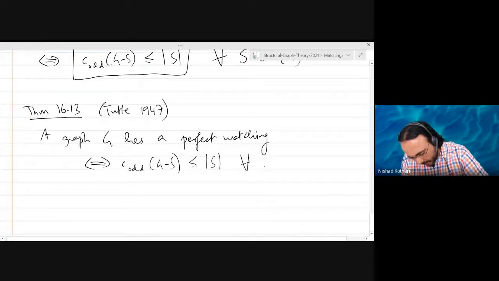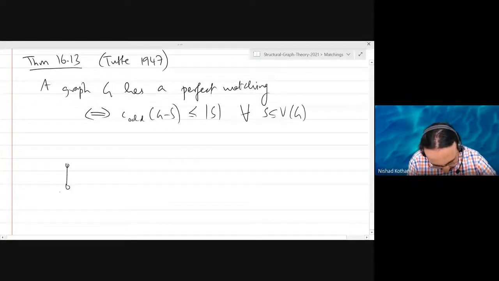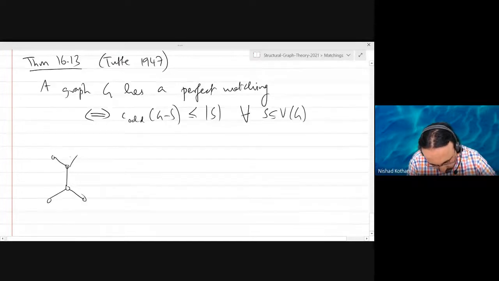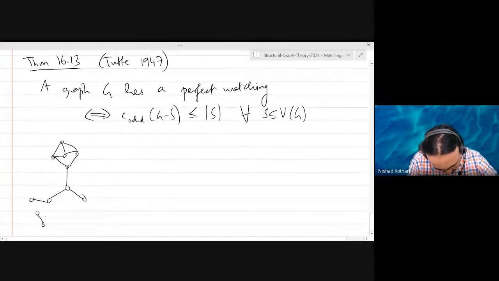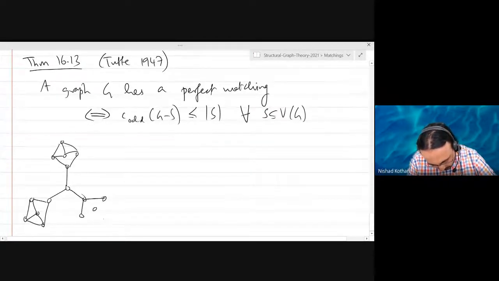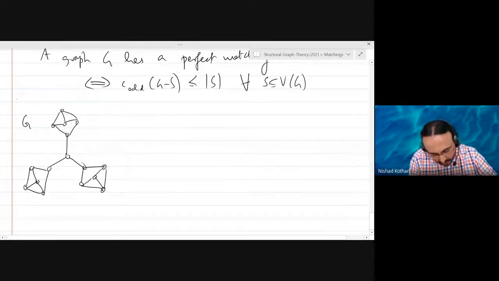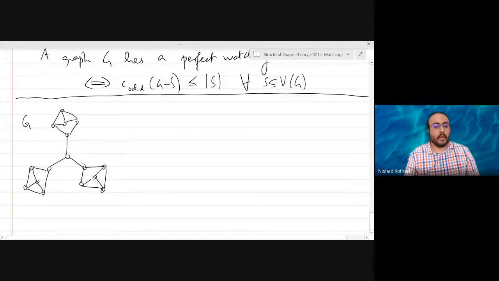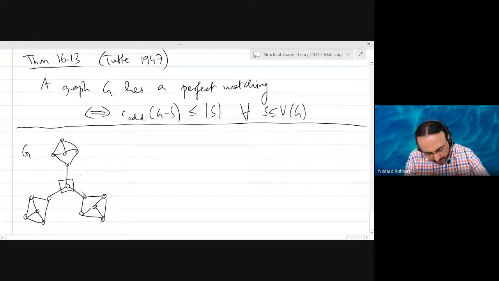Let's go back to one of the graphs we saw earlier. You might recall I drew this graph a few times. It's a cubic graph that does not have a perfect matching. If this is your graph G, the reason it does not have a perfect matching is because of this vertex v.